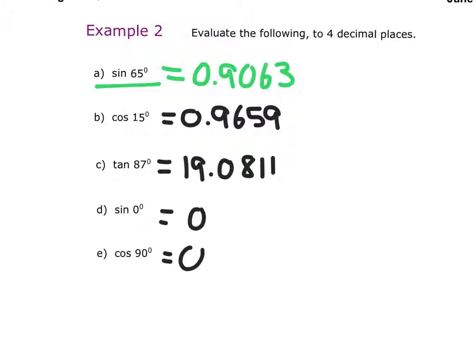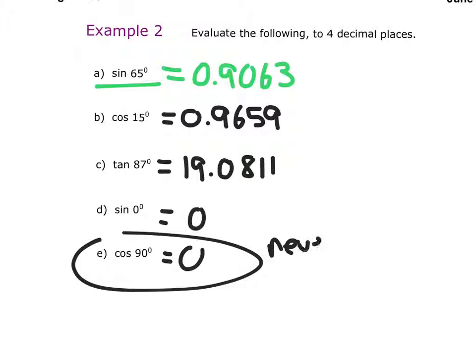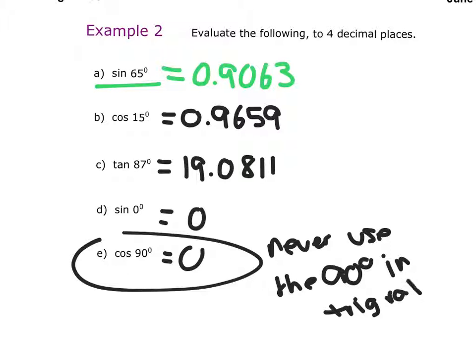So to give you guys an idea, this is really important because you'll never use the 90 degrees in trig ratios. So when you're solving something, you know how I talked about don't use the 90 degrees to look from as an angle? This is what I mean, because it will give you a value of 0. So make sure you never use that value. And you'll see as I go through these units that I won't use the 90 degrees in my solving. So that's just kind of like a little hint. Maybe let's put a star there.